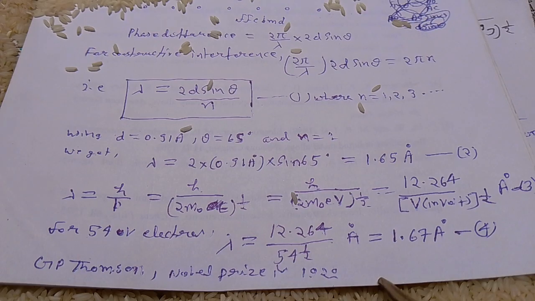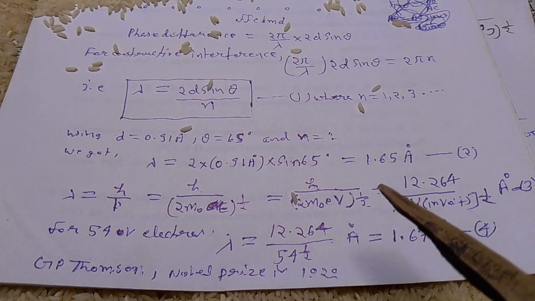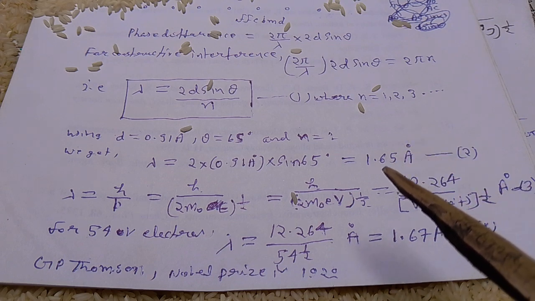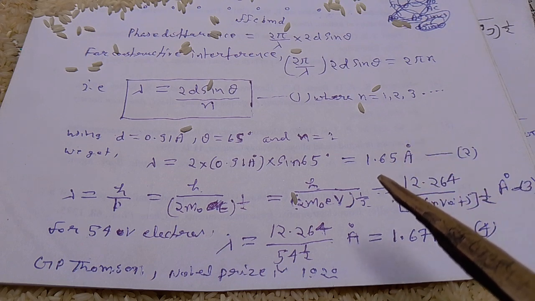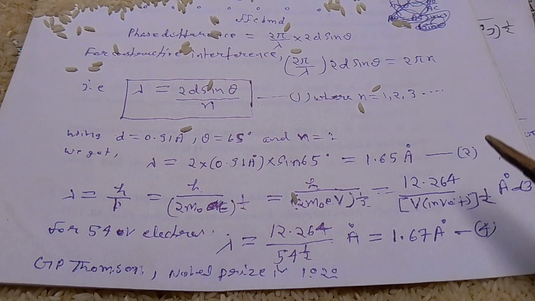Here we will notice that the agreement between the two values of the wavelength of electron given by equation 2 and 4 is remarkable.